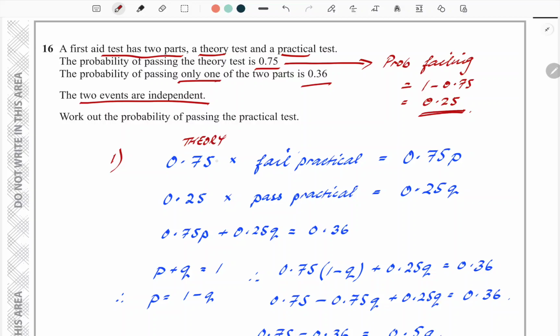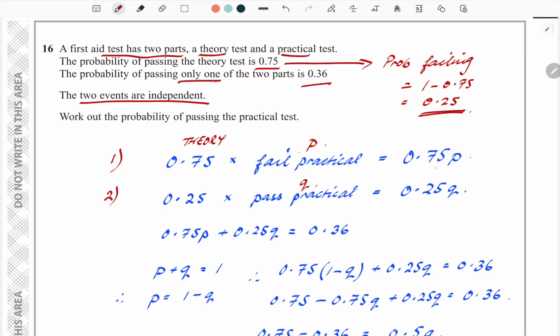Passing the theory and failing the practical is, if we call it P for fail there. And the other option is where you fail the theory and pass the practical. Let's call that Q. So we know the numbers: there's 0.75 P for that and 0.25 Q. I've used P and Q for the practical outcomes.